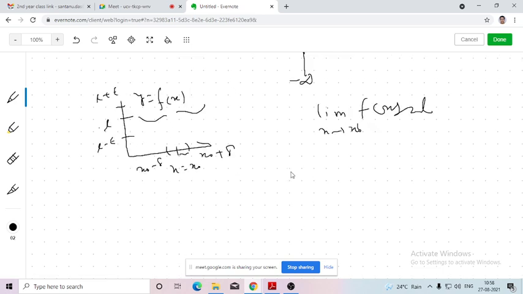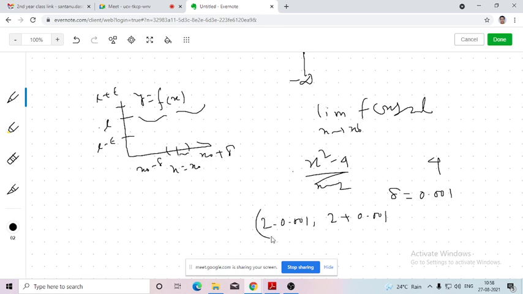Let's say here in the case of x square minus 4 by x minus 2, the limiting value is 4, so we are taking delta as say 0.001. So the independent variable is varying from 2 minus 0.001 to 2 plus 0.001.